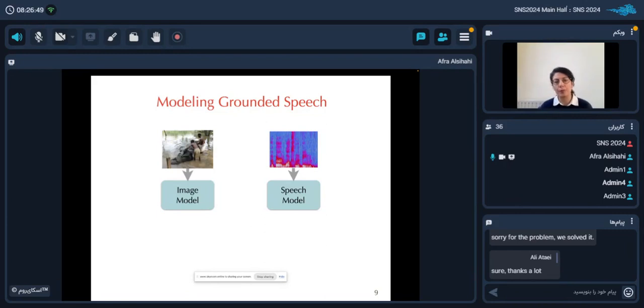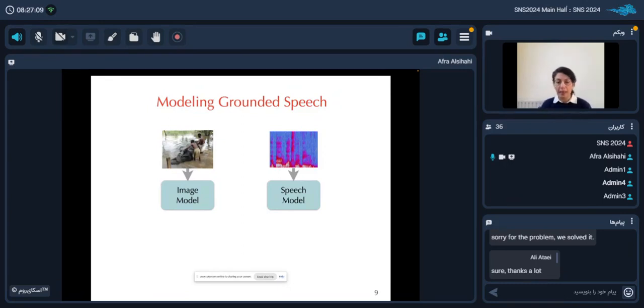So if you look at the output of your image model, this should be a vector that contains the representation of the meaning of this image, whatever that is. And similarly, the speech model transforms the auditory signal into a vector that is supposed to represent the meaning of this spoken utterance.